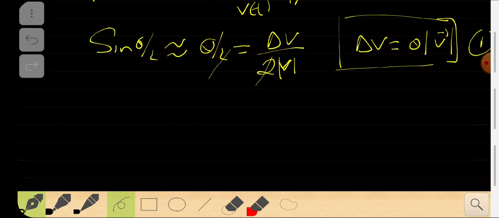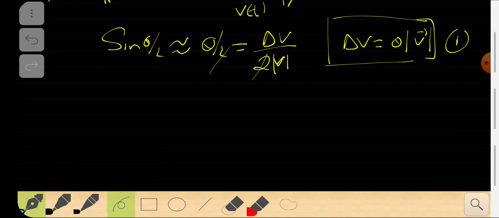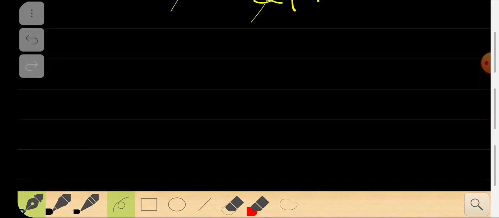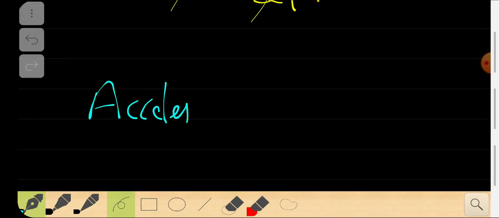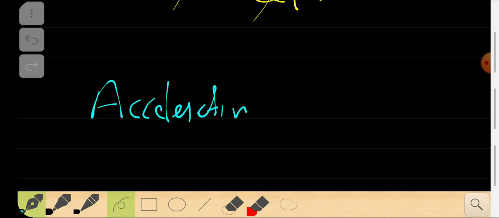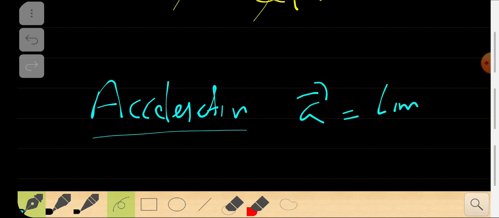Now if you look at the acceleration, I don't want to zoom out much, so if you look at acceleration, vector acceleration will be the limit as delta t tends to 0 of delta v by delta t, right?